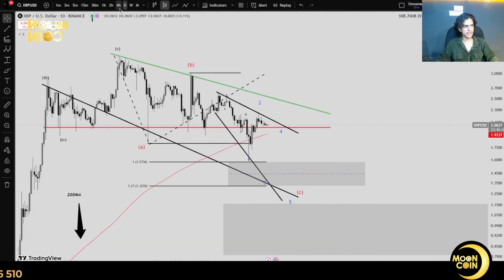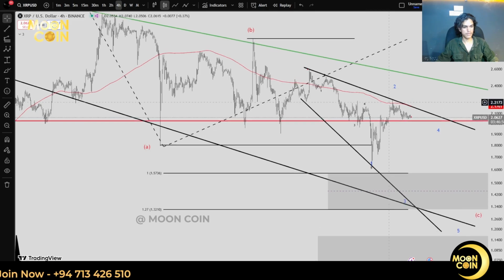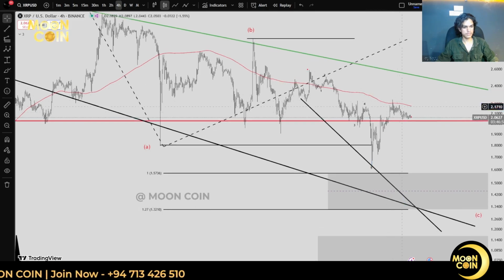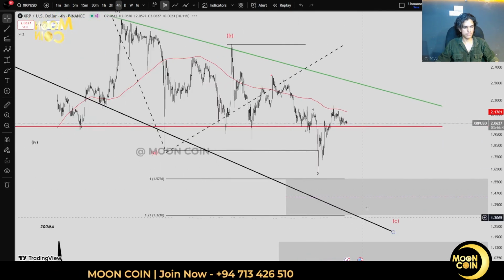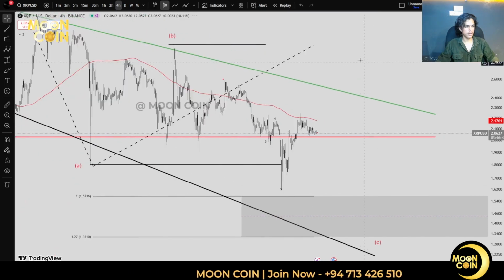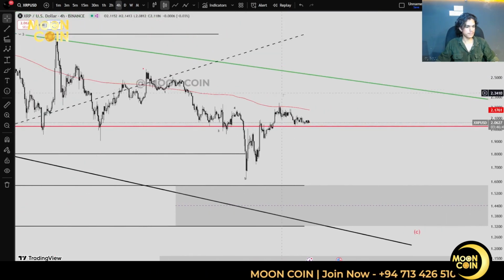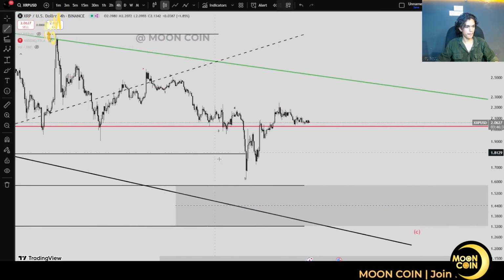And let's see the bearish scenario for this. I'll undo the drawings here. I mean, short bearish scenario. Okay, if you take a look here, you have another diagonal.